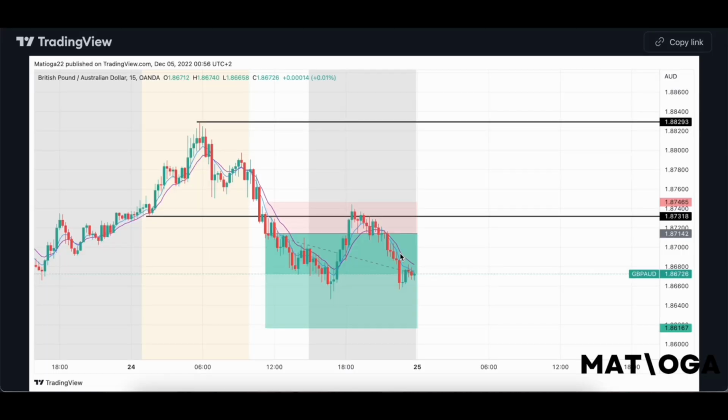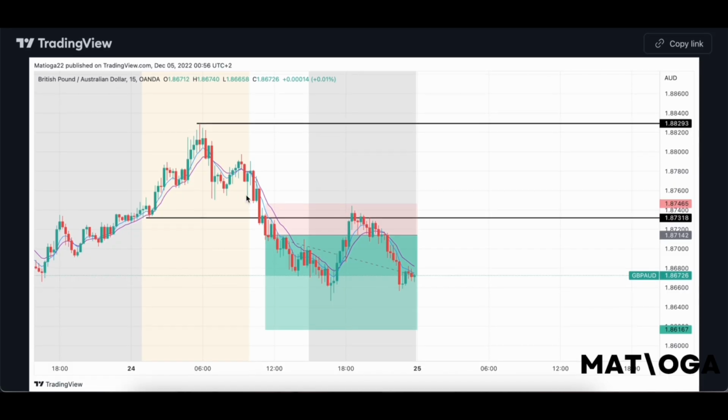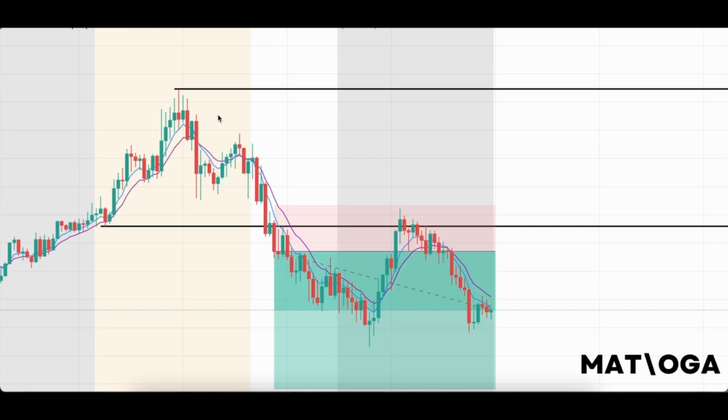Next trade right here. Once again, pretty much the same entry as the last two. Let me zoom in. Session high, session low. Once again, London. First few candlesticks, nothing too interesting. Then break, retest, continuation. Easy.